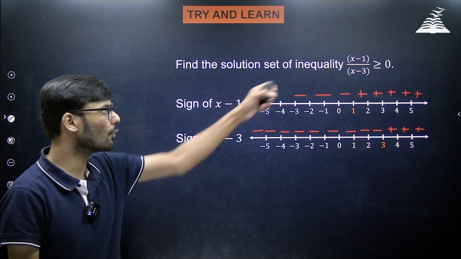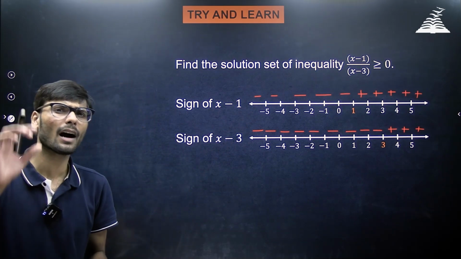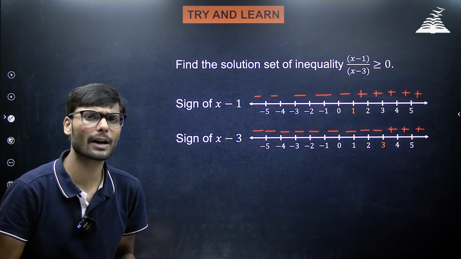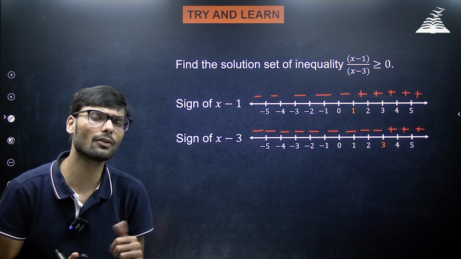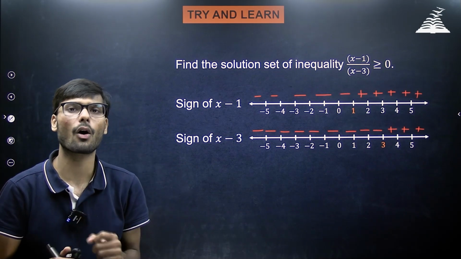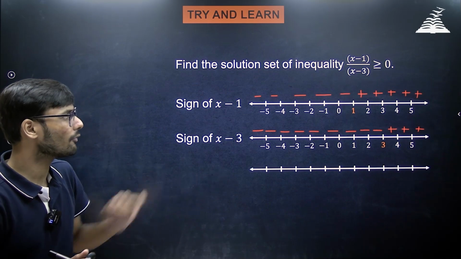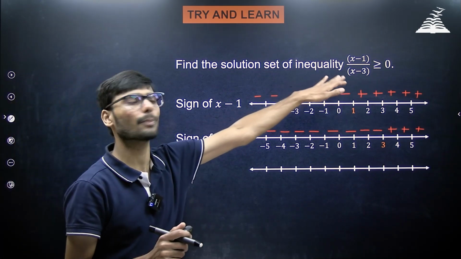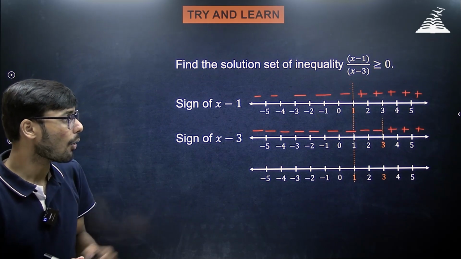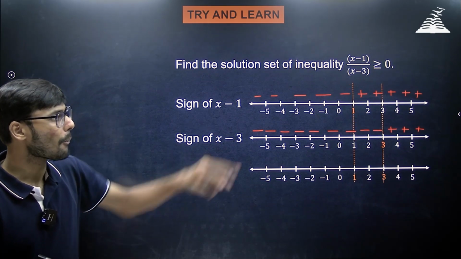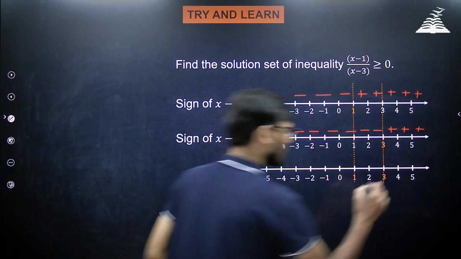Now we want to plot the sign of x minus 1 upon x minus 3. There are two expressions. We are taking their quotient. It will be positive if both are positive or both are negative, right? So if we plot the sign of x minus 1 upon x minus 3, what will we get? On the right hand side of 3, both are positive. If you divide two positives, you get a positive number.